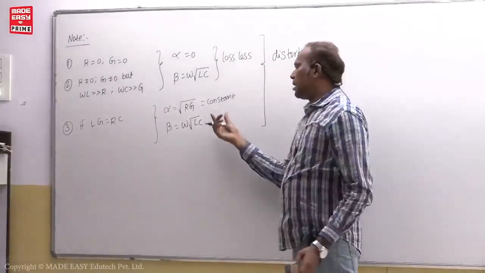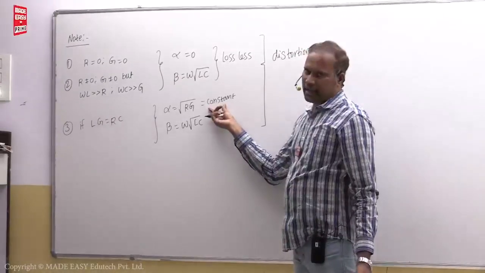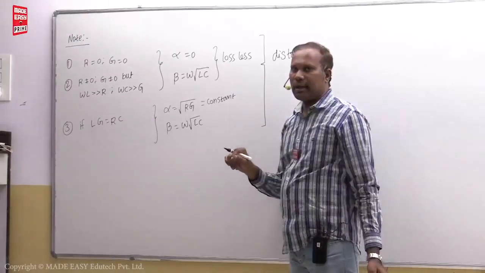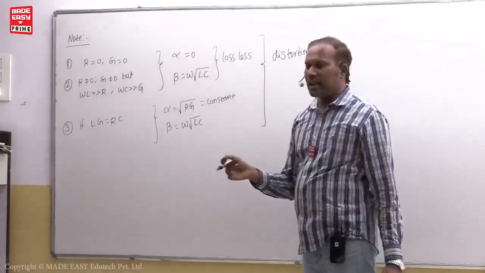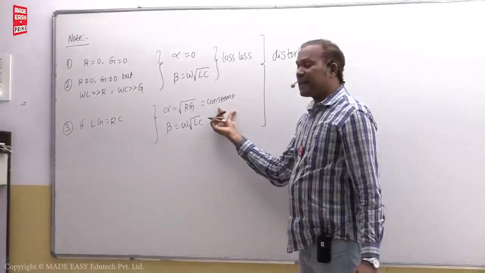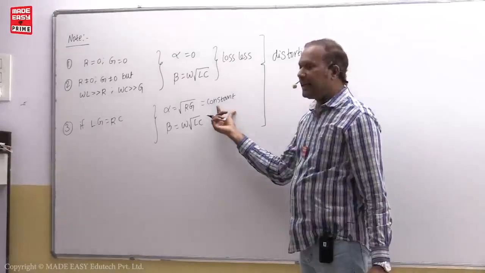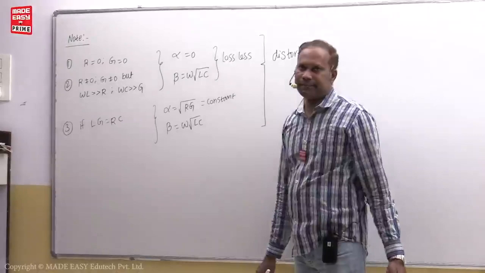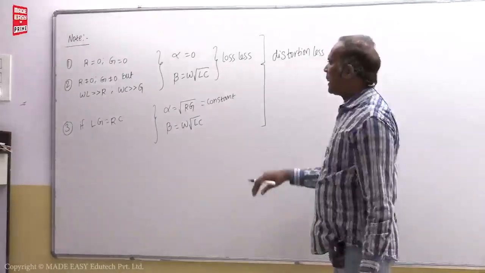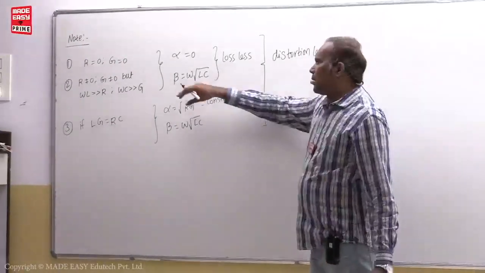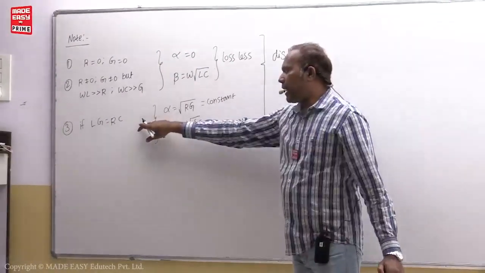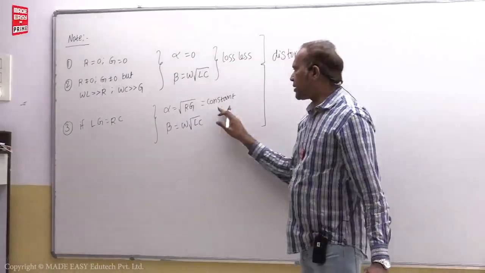Now you see this one, this is a distortionless transmission line, but here alpha is not 0, which means loss is there. So this is a distortionless transmission line, but a distortionless transmission line does not guarantee lossless. Loss may be present, loss may not be present. So once again I am repeating, these two give a lossless transmission line, and if a transmission line satisfies this condition, that is distortionless.